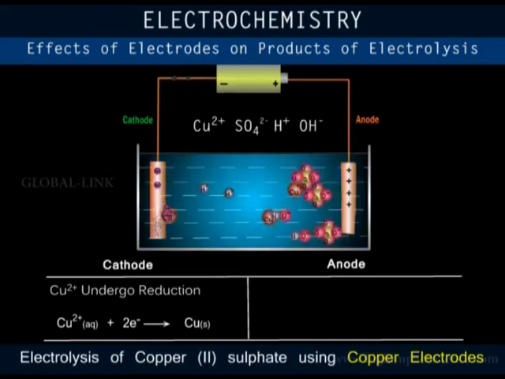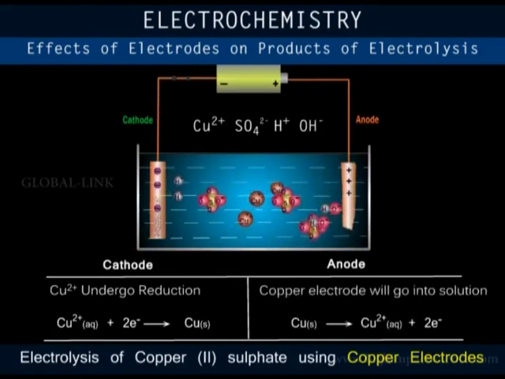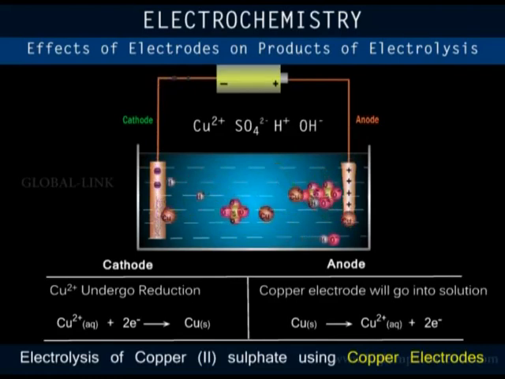Sulfate and hydroxyl ions migrate to the anode. However, none of them is discharged. Instead, copper atoms on the surface of the anode lose electrons and go into the solution as copper-2 ions to replace the copper-2 ions being discharged at the cathode. So over time, the anode loses mass and reduces in size.